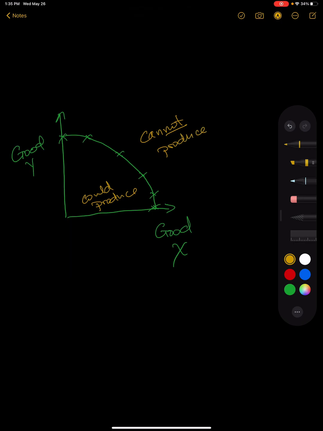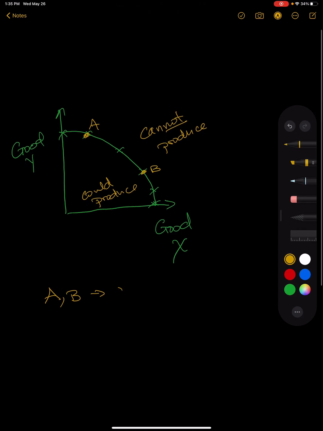All right, so any point on the line, right? Let's pick a point like A or a point like B, okay? Any point on the line, like A or B, is going to be both feasible or possible and efficient.